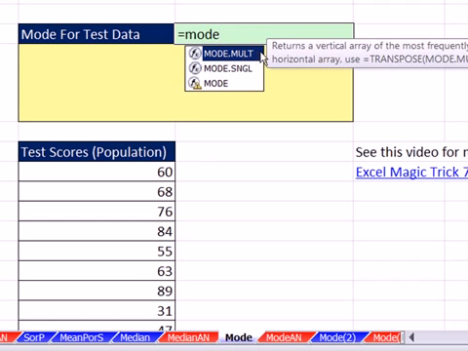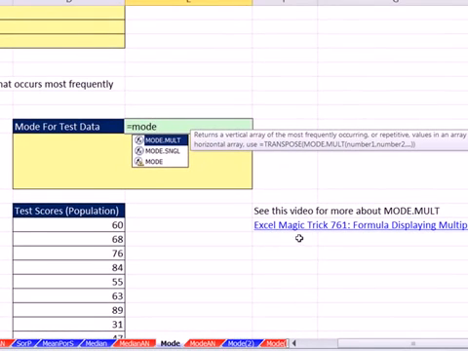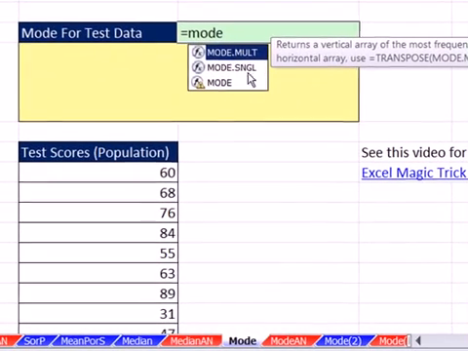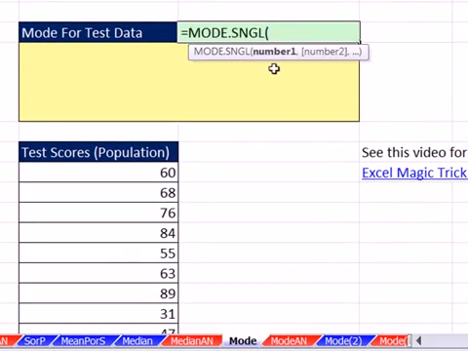There's mode.mult. We're not going to do that one in this class. That's for multiple modes. You can search at YouTube for Excel Magic Tricks 761. I talk about the mode.mult. We're going to use the mode.single. Now, the difference between single and multiple is that this one will just calculate a single mode.